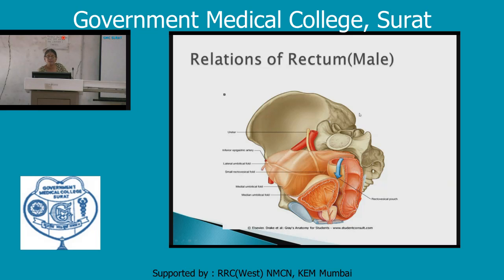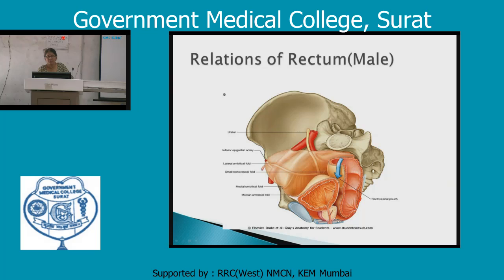Seminal vesicles, lower end of vas deferens, lower end of ureter are there at the base of bladder, and you can see even the prostate is related to the lower part of rectum.